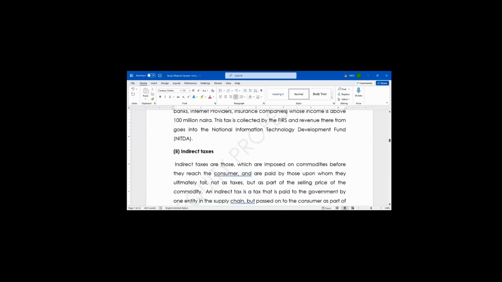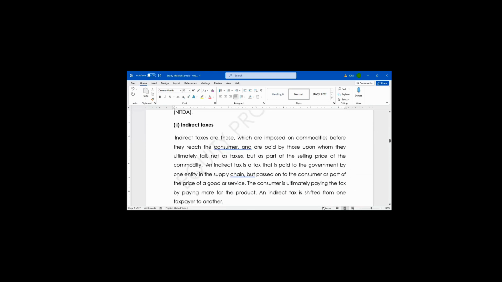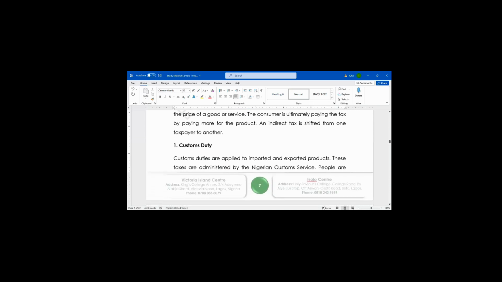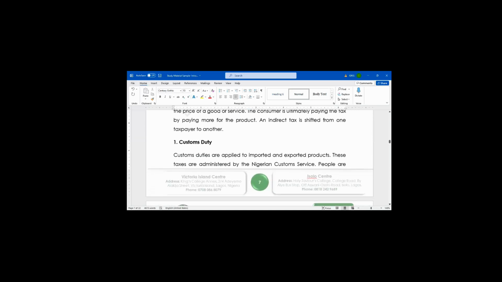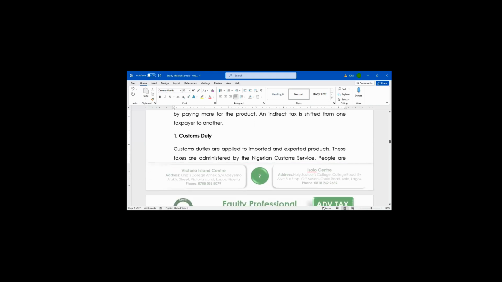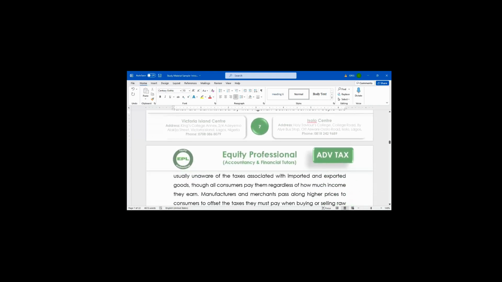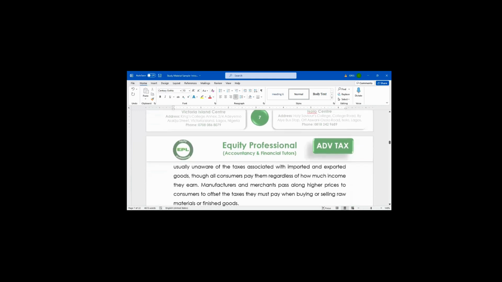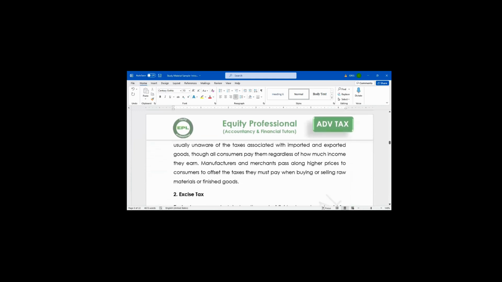What are the types of indirect tax that we have? Number one, customs duties. They are the duties imposed by the Nigeria Customs Service on some specified or listed imported products.